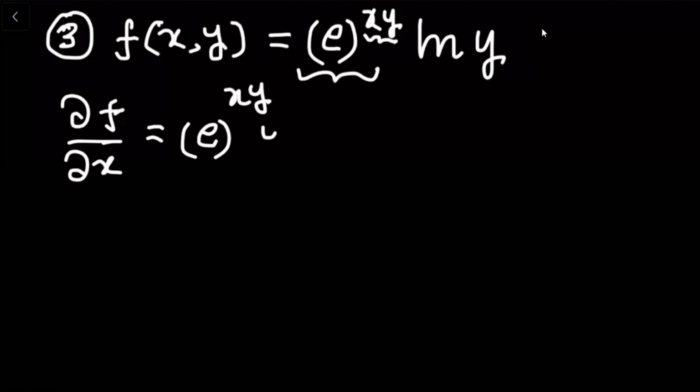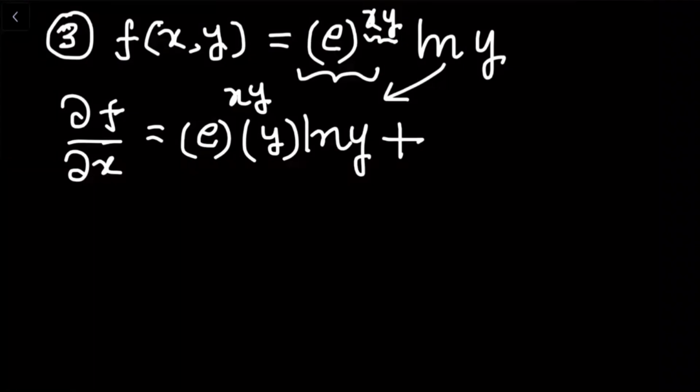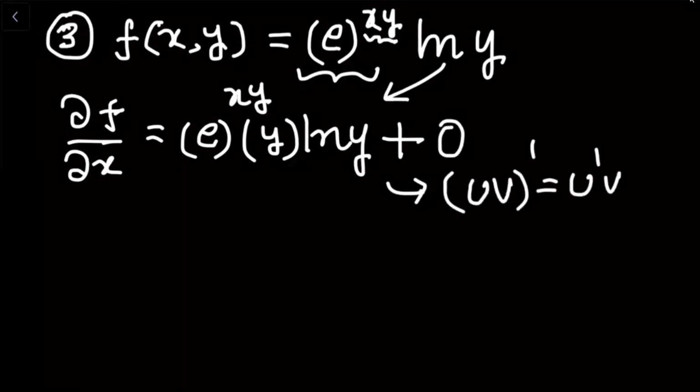It is y into log y, plus, since differentiating with respect to x, log y is constant, therefore 0. We can write 0 here. The formula we have used is the product differentiation method, u v dash plus v u dash.